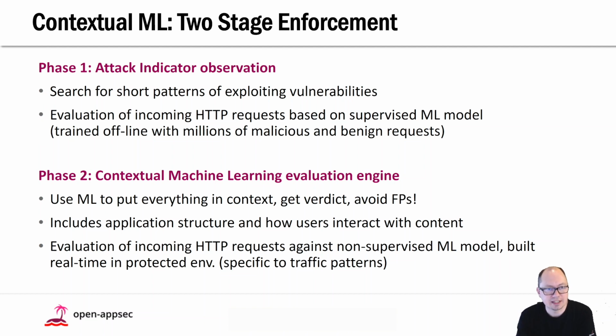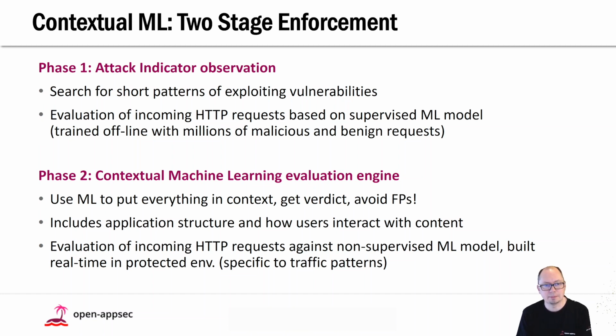In the first phase, we have the attack indicator observation phase. Here we search for short patterns of exploiting vulnerabilities. These short patterns, which we call indicators, can be as short as one character or two characters in extreme cases.